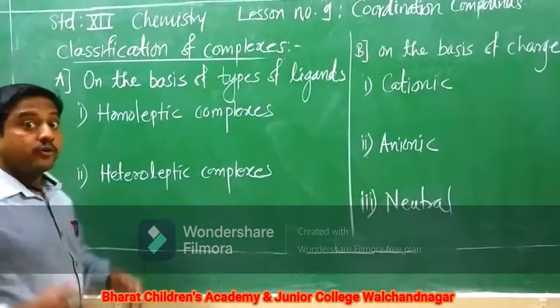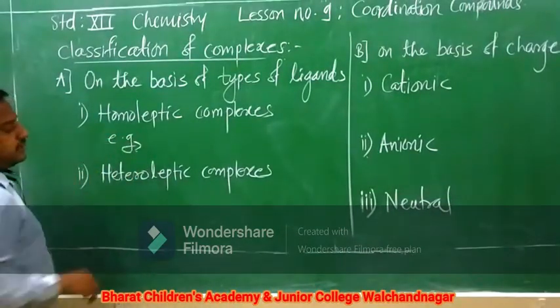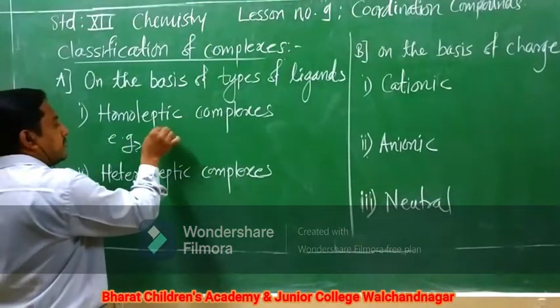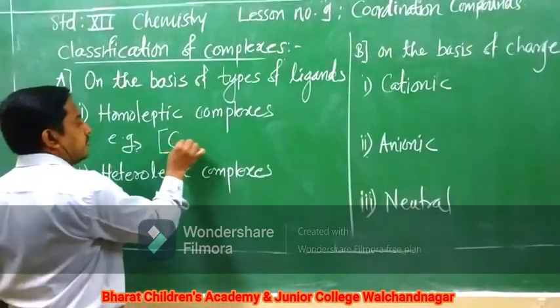Now, what is there in the homoleptic complex? Let us take an example, then I will elaborate with the help of the example how the complex is referred to as a homoleptic complex and why it is called a heteroleptic complex.